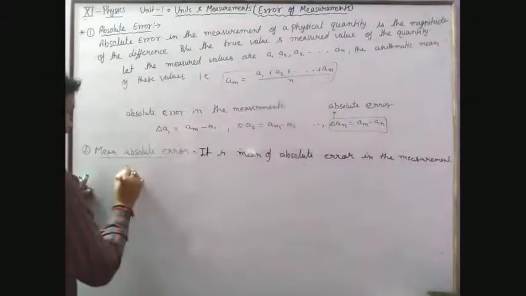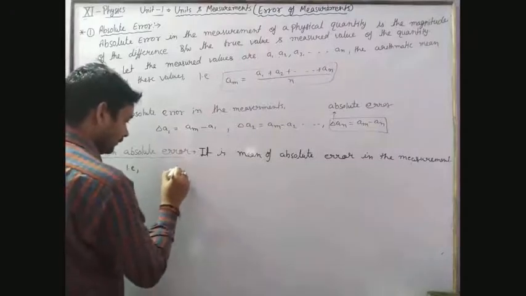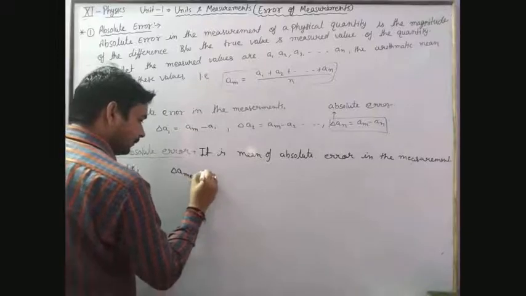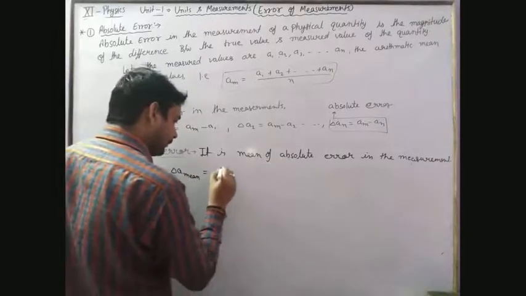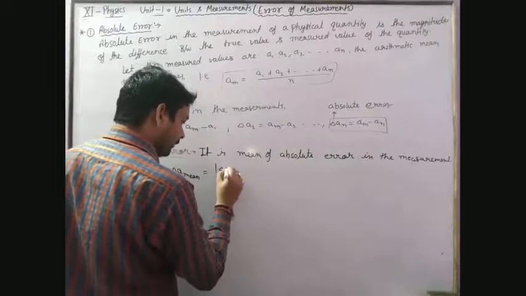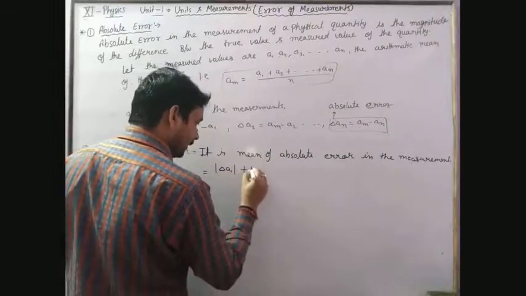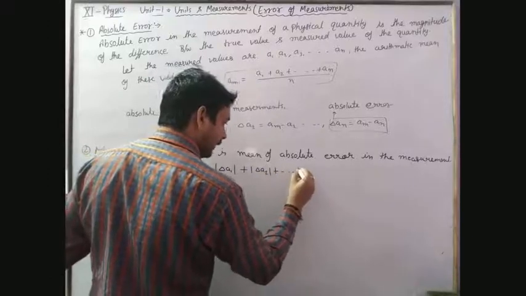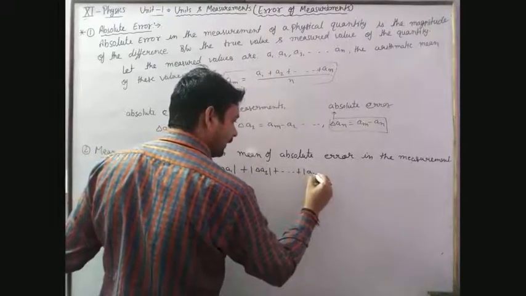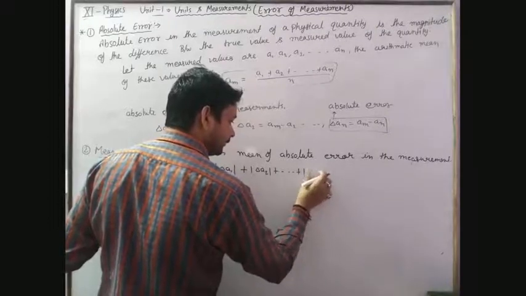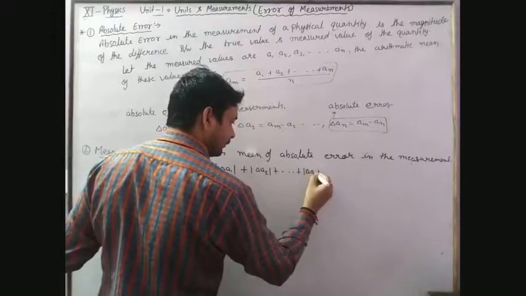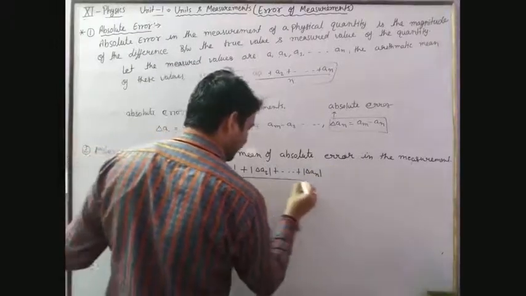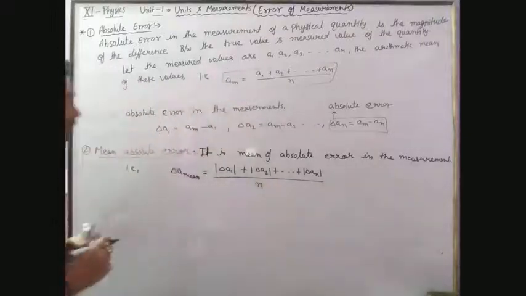That is, mean absolute error is equal to mod of del a1 plus mod of del a2 and up to mod of del an, divided by n.